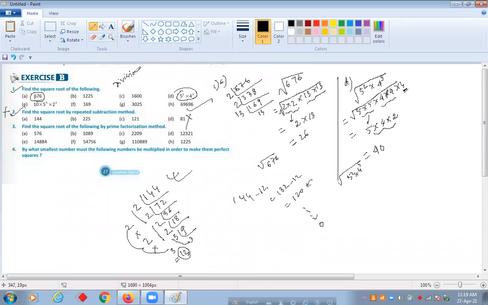Division and prime factorization are the two ways of finding the square root. Here you have to do it by prime factorization method.